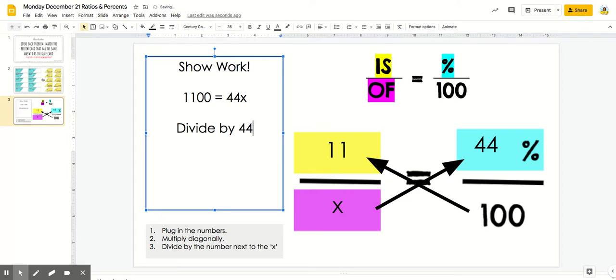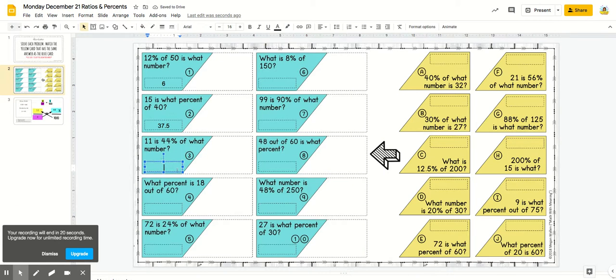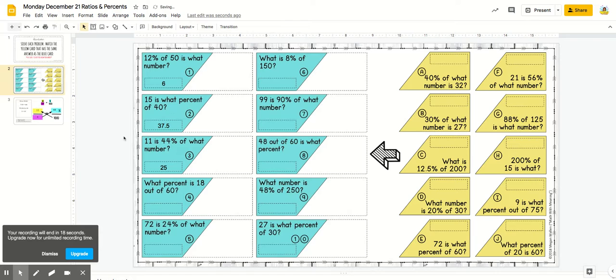So when I do 1,100 divided by 44, I get that X equals 25. So back up here, I can put 25 in my answer box. Let me know if you are still confused and need any extra help.